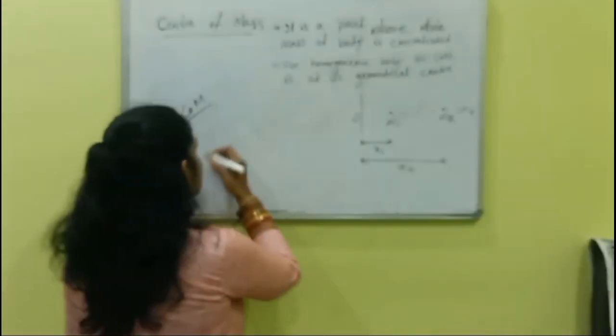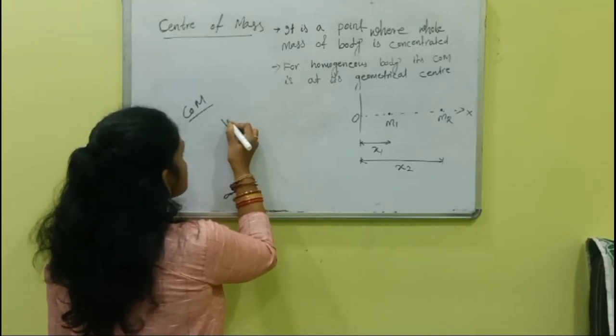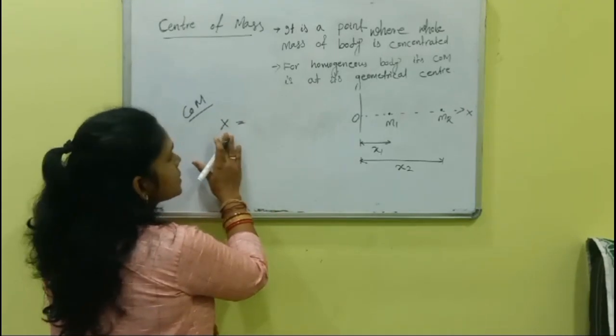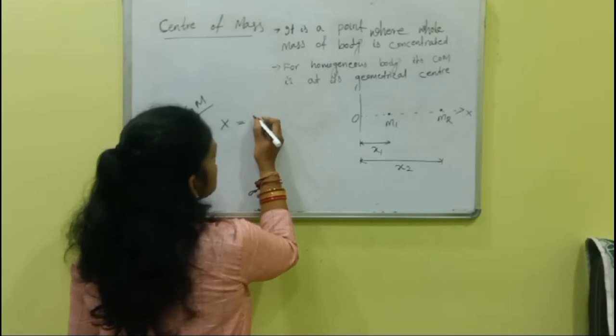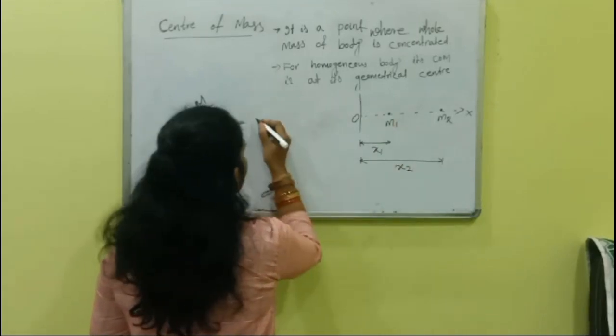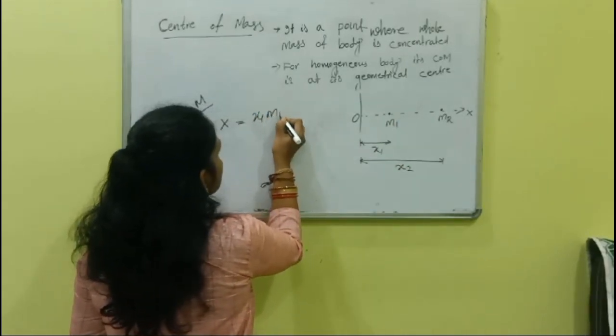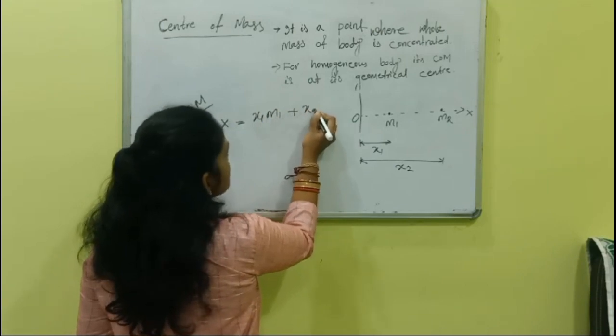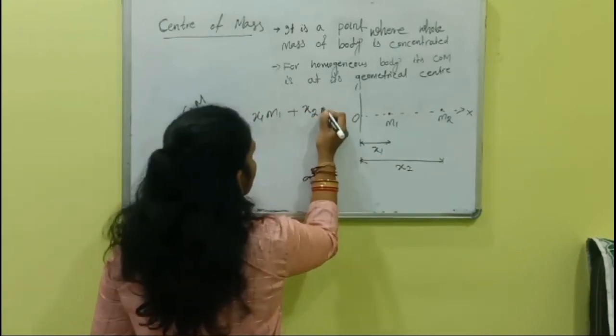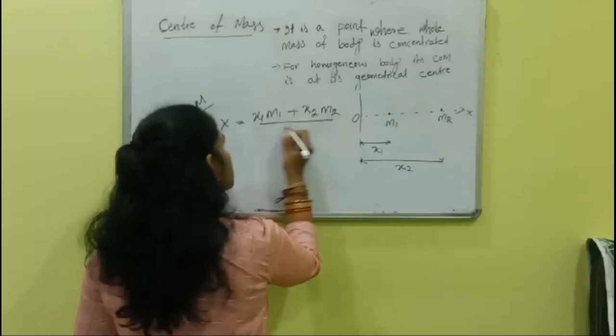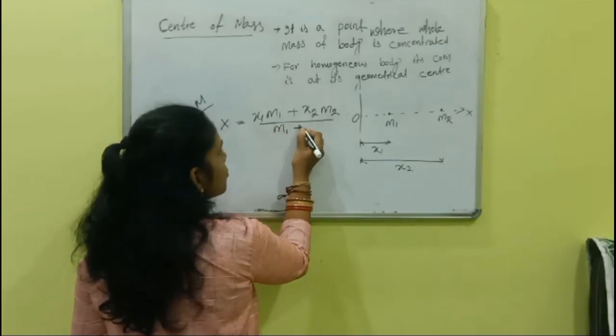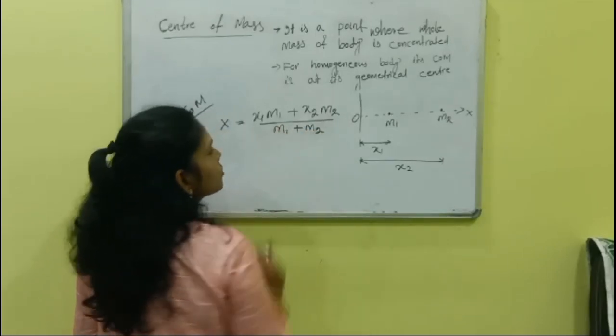The formula: x is equal to x1 m1 plus x2 m2, divided by the total mass, that is m1 plus m2.